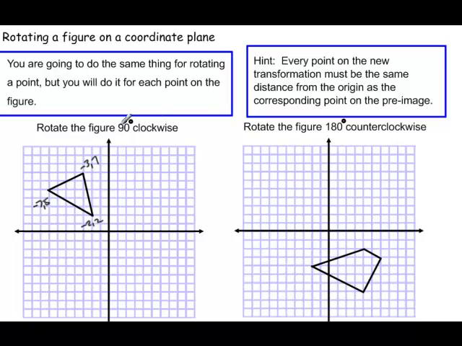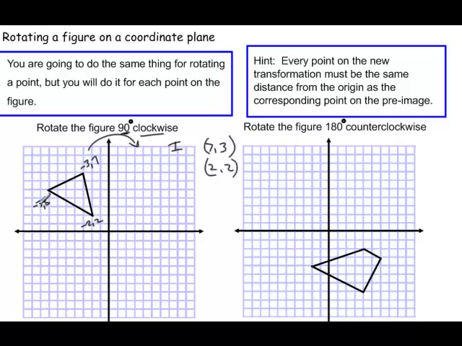Okay, we're going to go 90 degrees clockwise, so that means we're taking it this direction. So that means I take each of these points, I look at their coordinates, and I switch them. So this is going to become a 7 and a 3, and since I'm in quadrant 1, they remain positive. Okay, this is going to switch to 2 and 2, and they become positive.